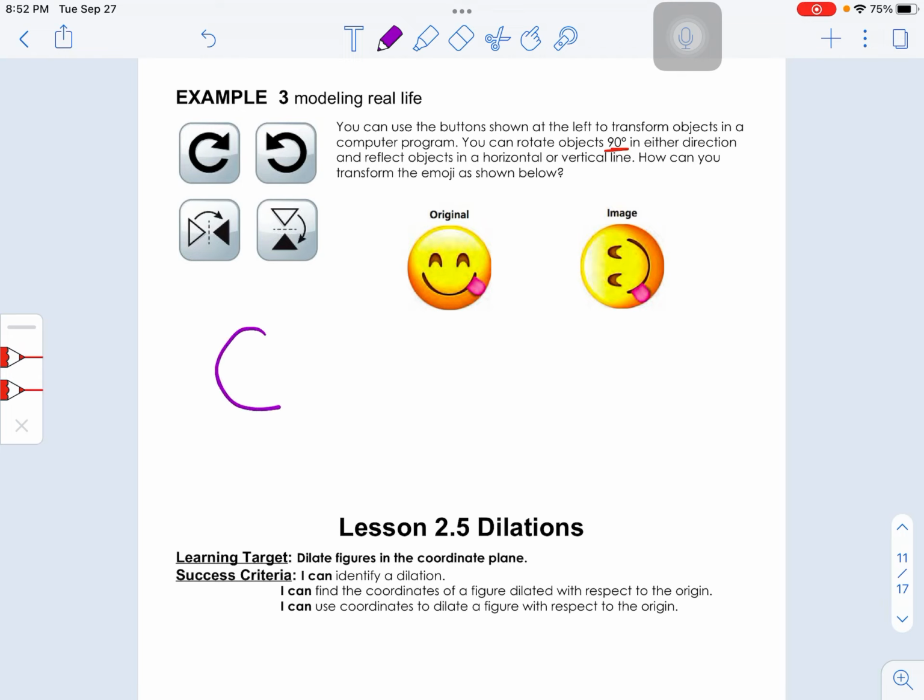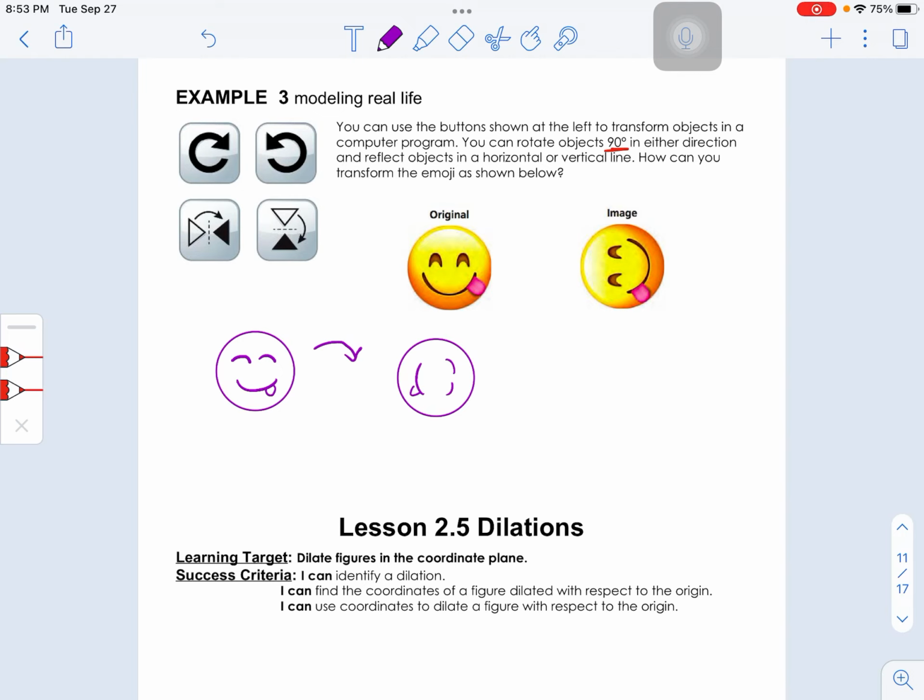So, right, we started with this smiley face with the tongue on the right. I am going to rotate it in a clockwise direction, which is going to give me an emoji that then looks like this.